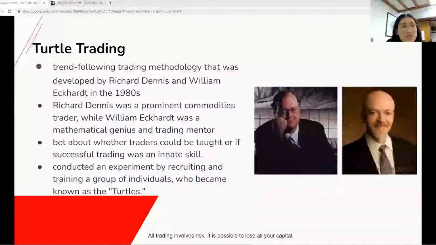The idea for this experiment came after a trip to Singapore where they visited a turtle farm. So that's probably the reason why they called it the turtle experiment.